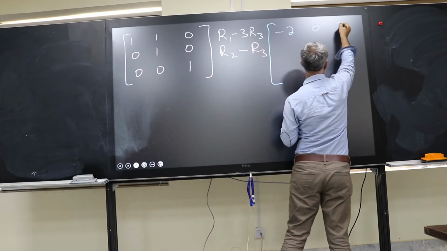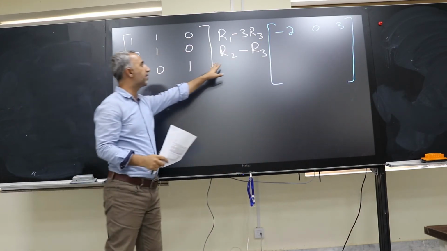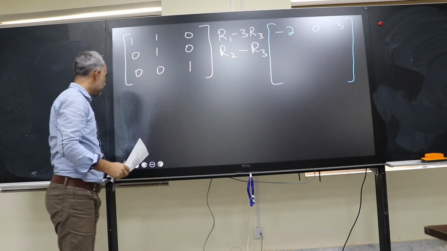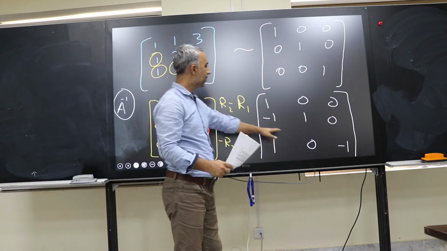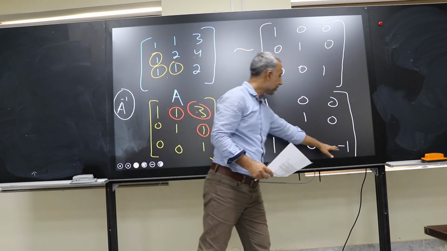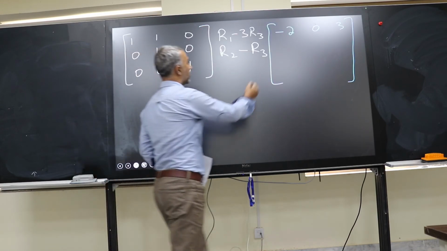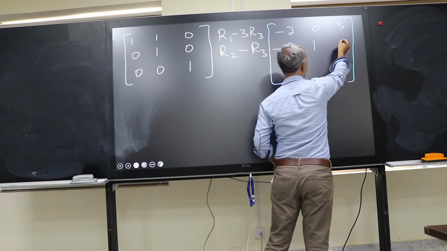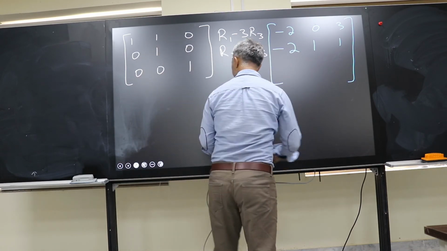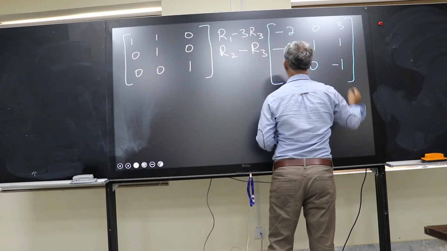Similarly, my children, if we perform a row operation on the second one, we just need to subtract row 2 minus, so minus plus. This minus minus 2, so minus 2, 1, minus 1, plus 1. Minus 2, 1, 1. We can keep the last row as it is: 1, 0, minus 1.